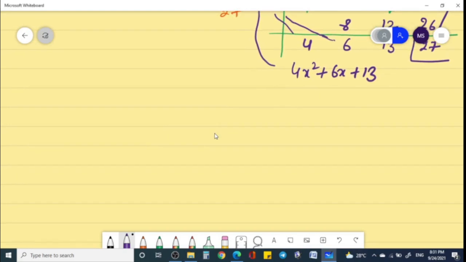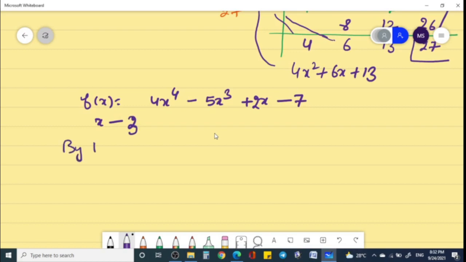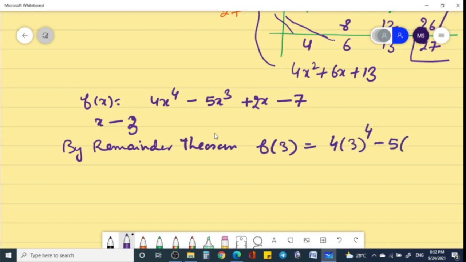Now we take another example. If we take a polynomial f(x) equal to 4x to the power 4 minus 5x cube plus 2x minus 7, and we want to divide by x minus 3. By the remainder theorem, the remainder is f(3), and we can compute 4 times 3 raised to the power 4 minus 5 times 3 raised to the power 3 plus 2 times 3 minus 7.